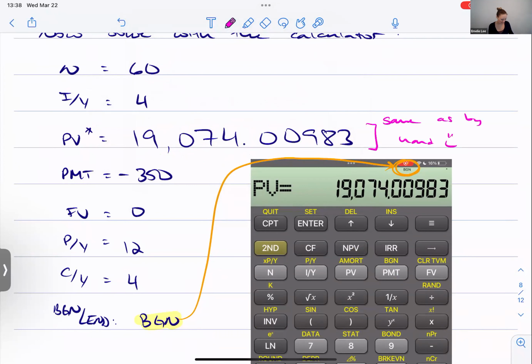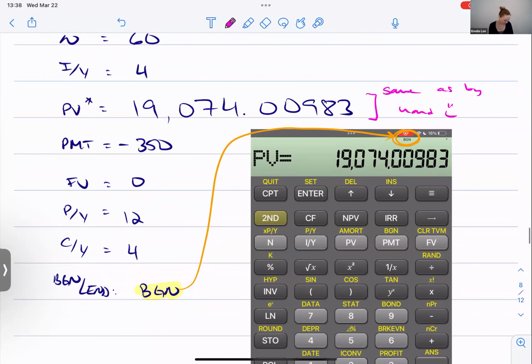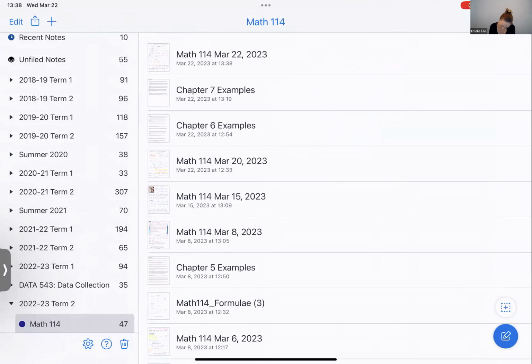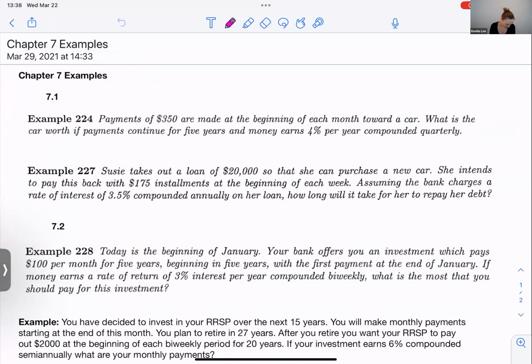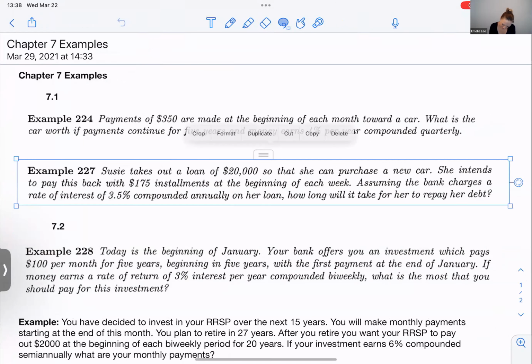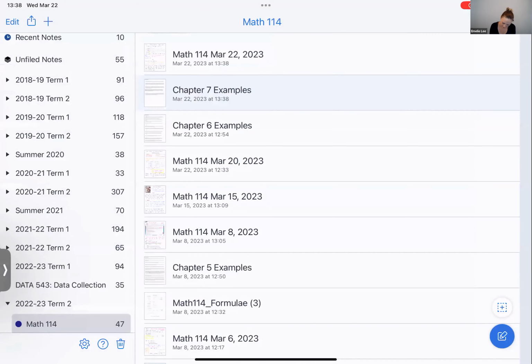Okay. Just want to make sure that it is on. Okay. Let's have a look at the examples. Let's do example 227.